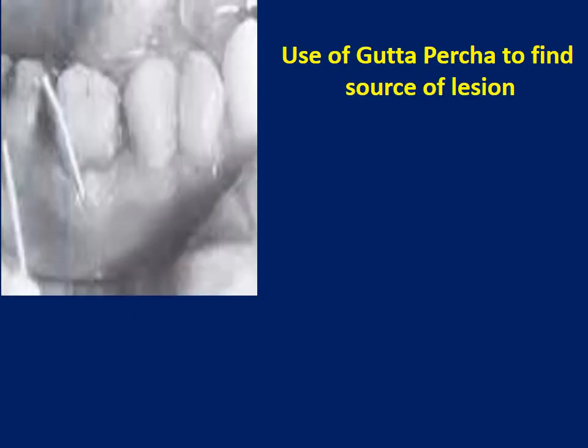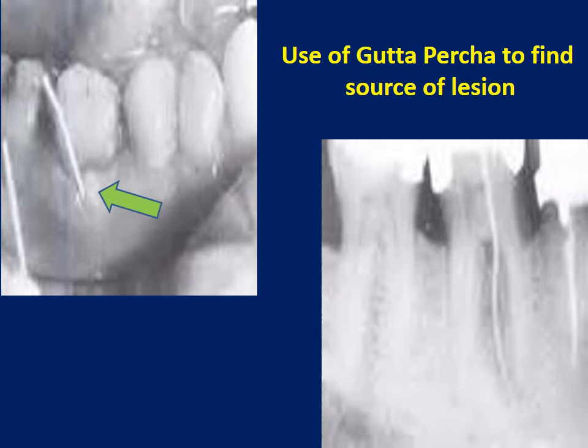In order to analyze the source of the lesion, if it is periodontal, we place a gutta percha cone inside the gingival sulcus area that has bone loss, and take an X-ray to see the source of infection.